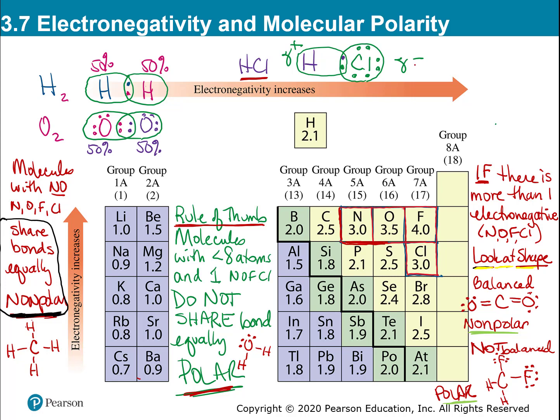That means this side becomes slightly negative. That funny looking little 8 symbol is supposed to be a Greek delta symbol. Then this side becomes slightly positive because they do not share electrons. The side where the electrons are more ends up slightly negative, and that creates polarity.